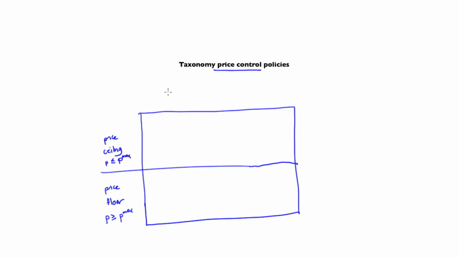The other dimension is whether the policy involves a simple intervention or a complex one. In a simple intervention, what the government does is just impose the price restriction, and that's it. Just the price restriction.